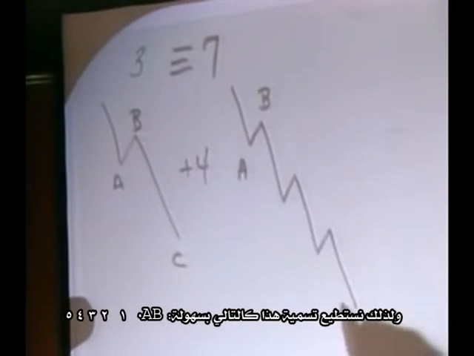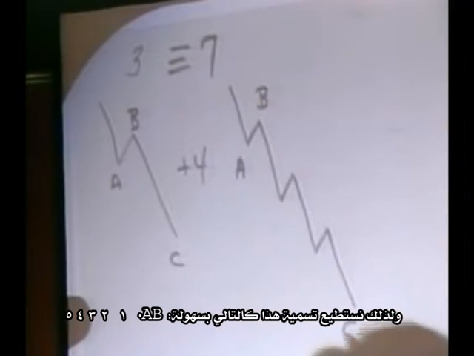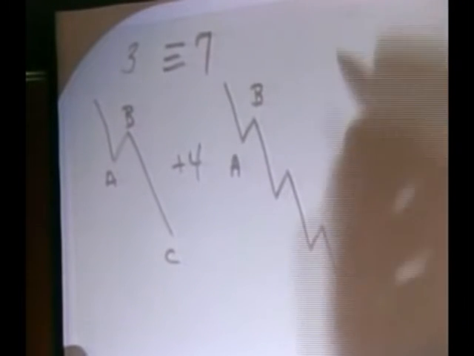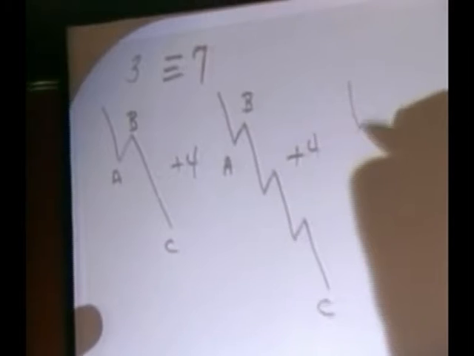And we'll see that that carries the same message as does a 3-wave decline. Because I can label this, we said that in a zigzag, either the A or the C wave may only show one wave, and one of them could be a 5-wave structure. So this could just as easily be labeled A, B, 1, 2, 3, 4, 5. In this case, since we don't have any overlap, and the 3rd wave is not the shortest. Suppose I add 4 waves again.